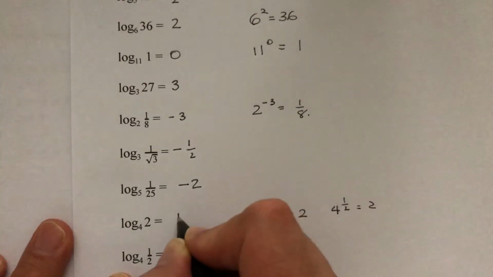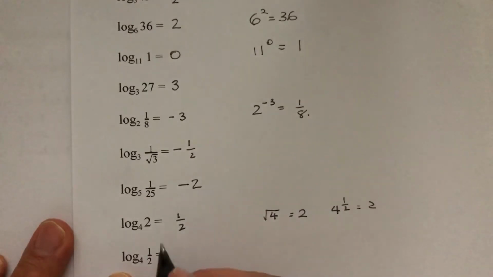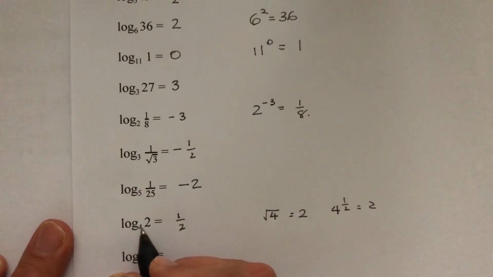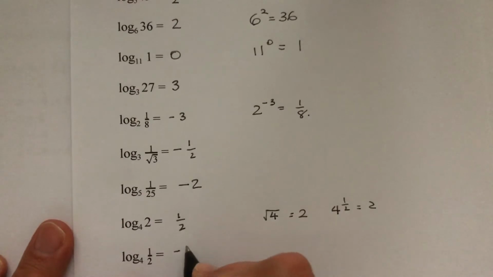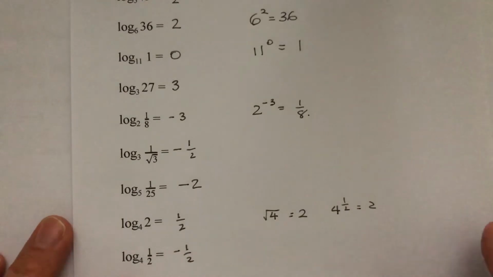So 4 to the power of negative a half: the half will square root the 4, giving you 2, and the negative makes it 1 over 2.